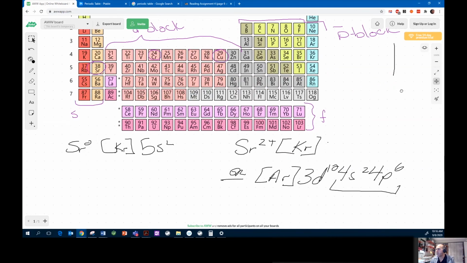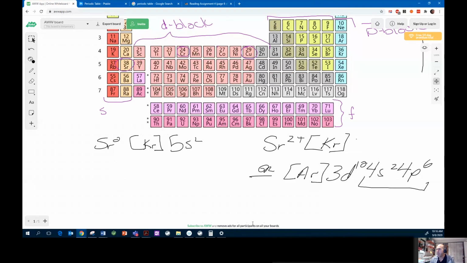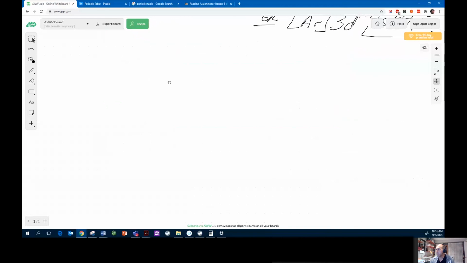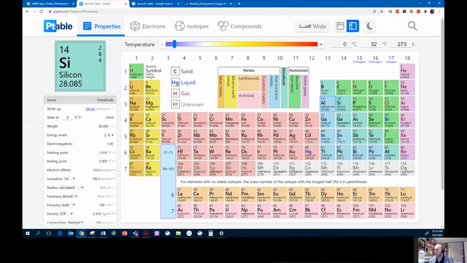So if we look, for example, let's do aluminum. Aluminum with no charge, the element aluminum is here. So its valence electrons are 3s2, 3p1. I'm going to write the whole thing.